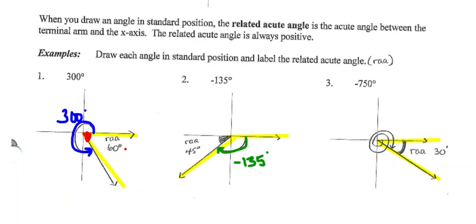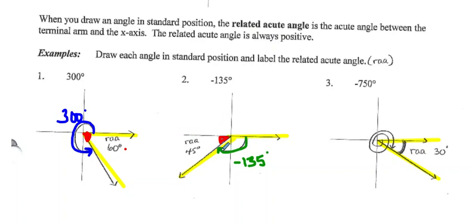Now, the thing here is, you are looking for the related acute angle. The related acute angle is the angle between the terminal arm and the x-axis. Well, this is still your x-axis, and this is going to be where your related acute angle is. Now, again, you've got to figure out what that degree measure is. You should know that the x-axis marks the 180 degree mark, right? Whether you're going negative or whether you're going positive.